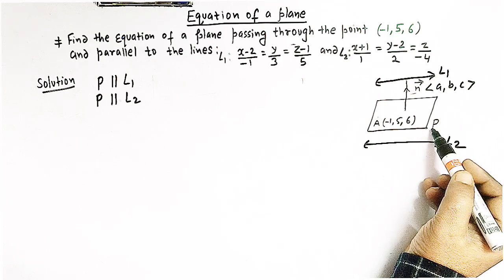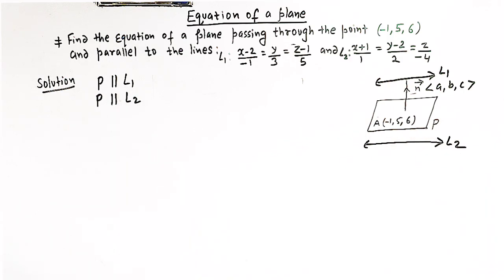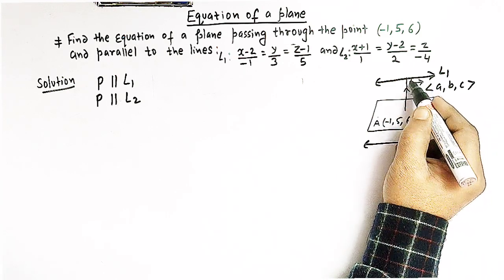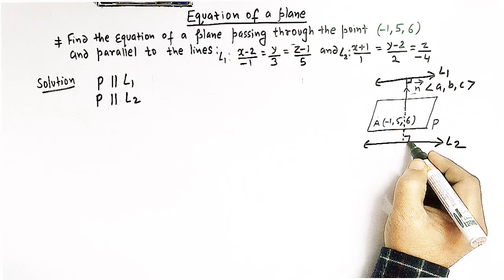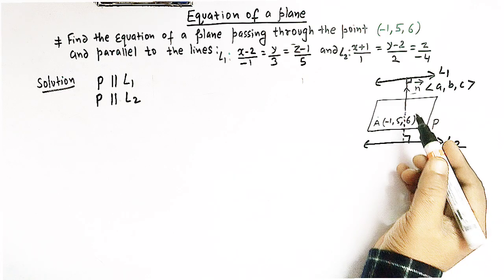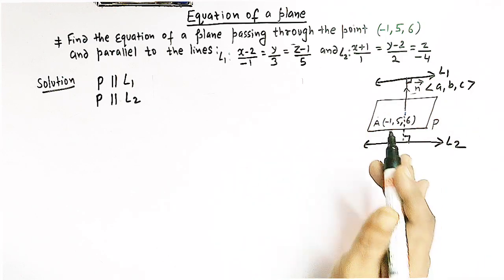When this plane P is parallel to these two lines L1 and L2, then this normal vector is perpendicular to these two lines. When a given plane is parallel to a line, then the normal vector is perpendicular to the given line. This is the concept.